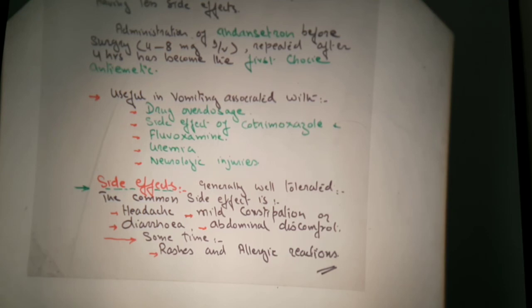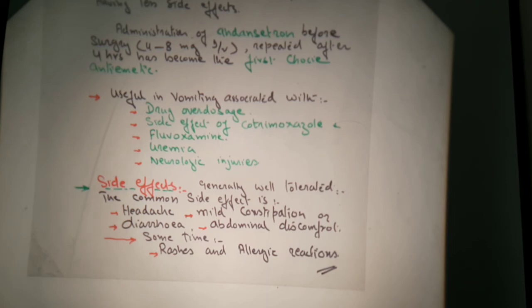Now, side effects: generally well tolerated, so it shows fewer side effects. But the common side effects are headache, mild constipation or diarrhea, abdominal discomfort, and sometimes rashes and allergic reactions on the skin.